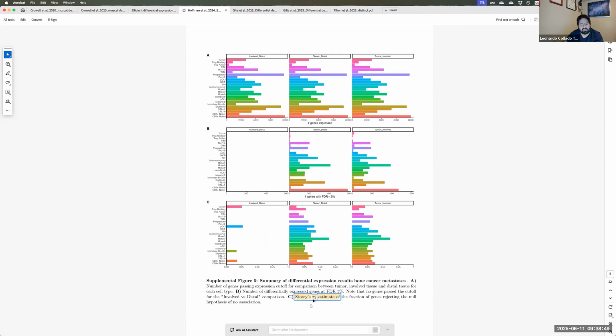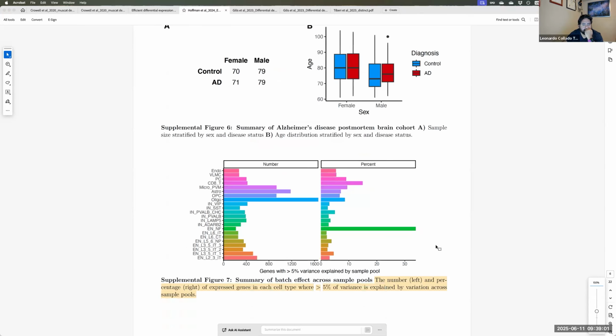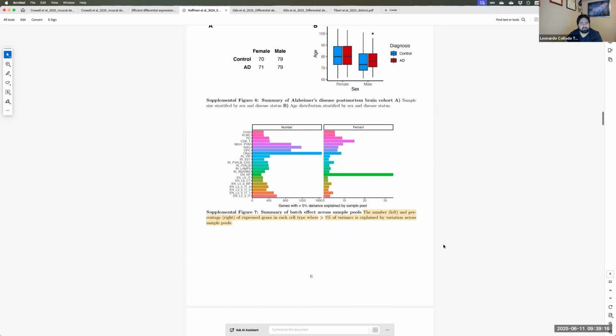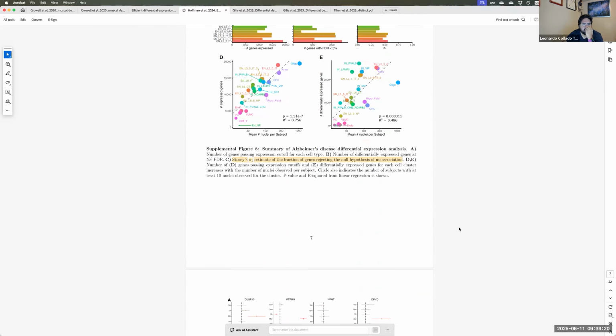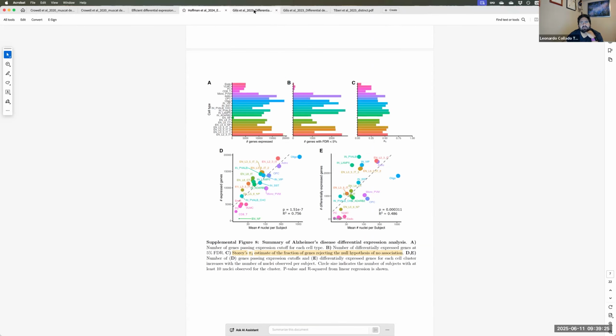There's also some use of the pi1 estimate, and a few other graphs, like one over here where they show what happens with some of the genes that have a lot of variance explained. They come from some of the cell types that have a lot more data. So maybe I'm missing a few things, but that's mostly what the Dreamlet preprint is about.